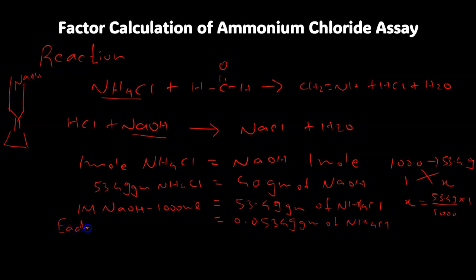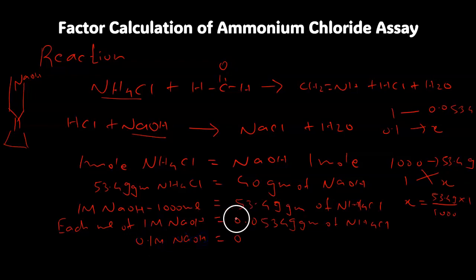So each ml of 1 molar NaOH neutralizes this much, and as per the procedure, this is not a 1 molar solution, it is a 0.1 molar solution. For that purpose shift the decimal again. For 1 ml of 1 molar it is 0.05349 gram, so for 0.1 molar you can shift this decimal and there will be one more 0.